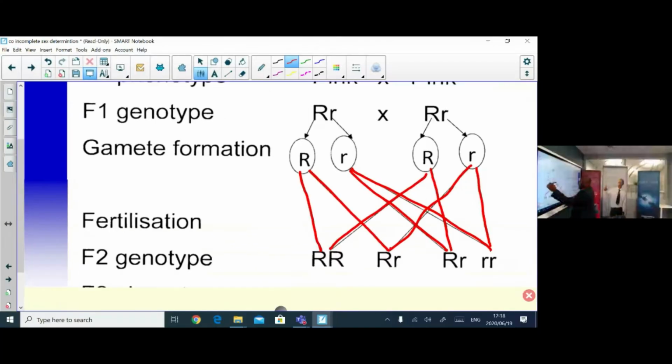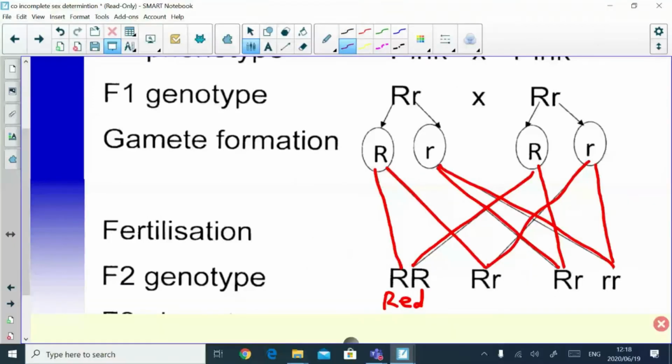Who can tell me the genotype of this F2, generation 2? Because we bred the offspring of F1, they will give generation 2. Who can tell me the offspring? Obviously, red. Next one, pink.